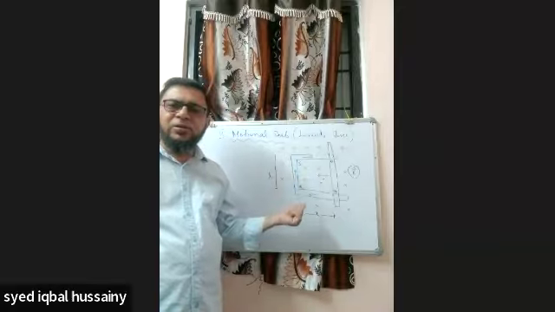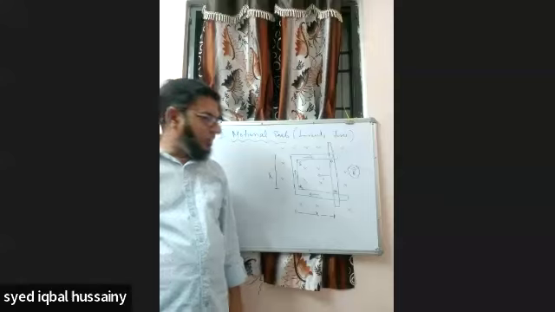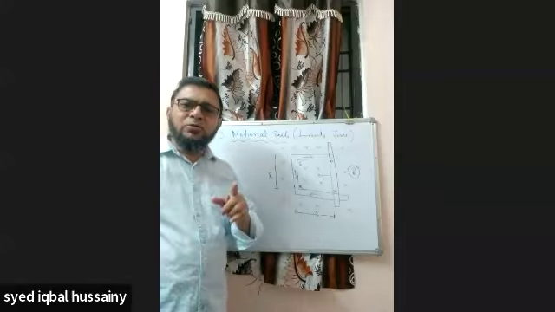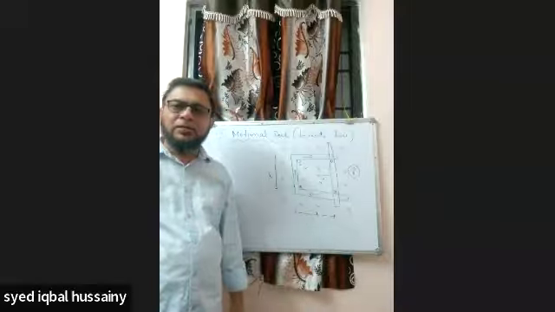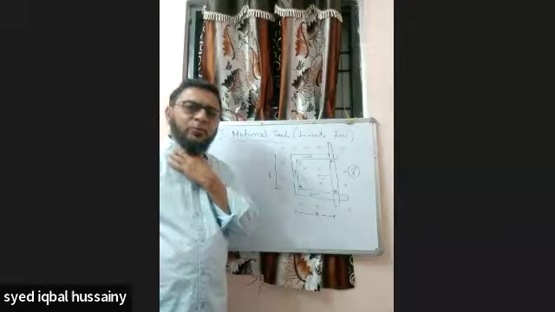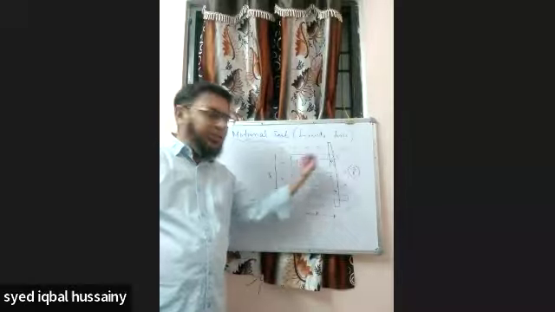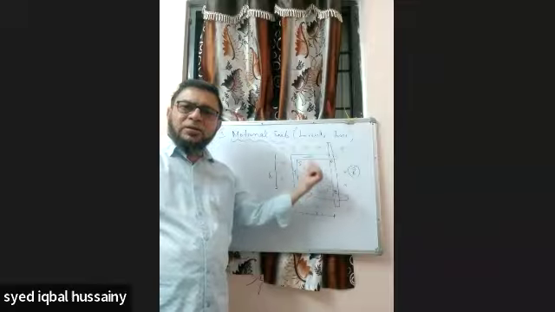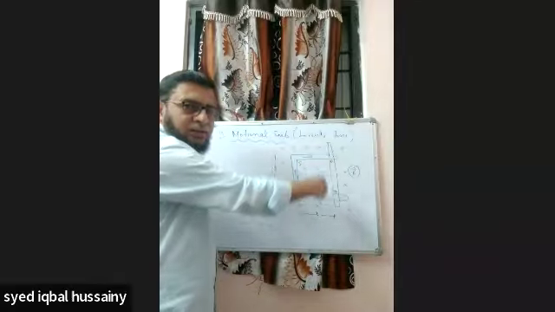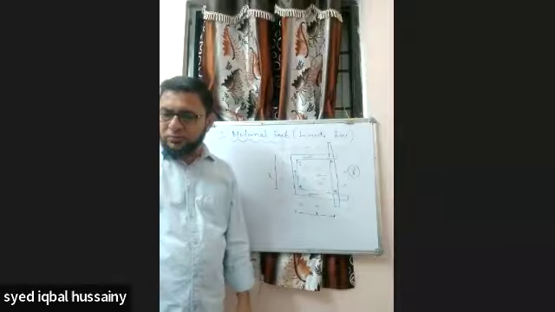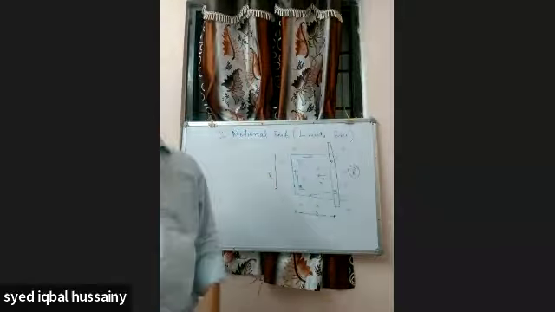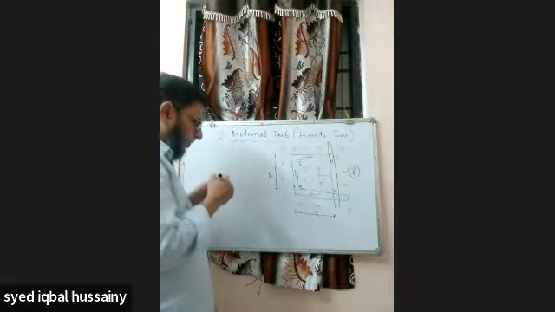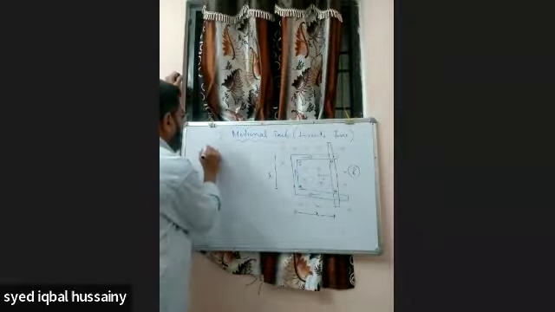Therefore, induced current produces in clockwise direction in the rail. खलास हो गया? Theory हो गया? हो गया सर.